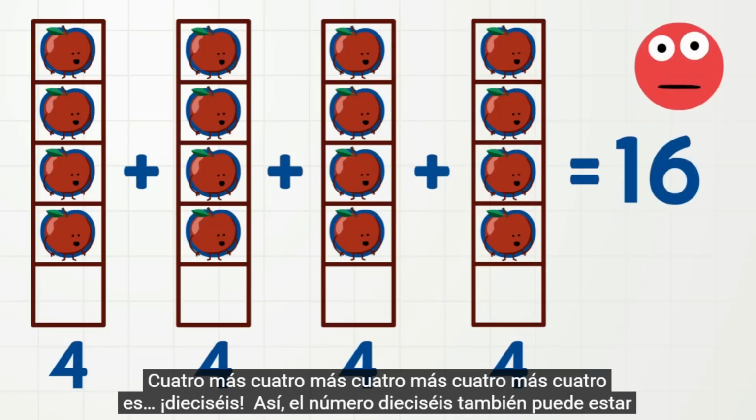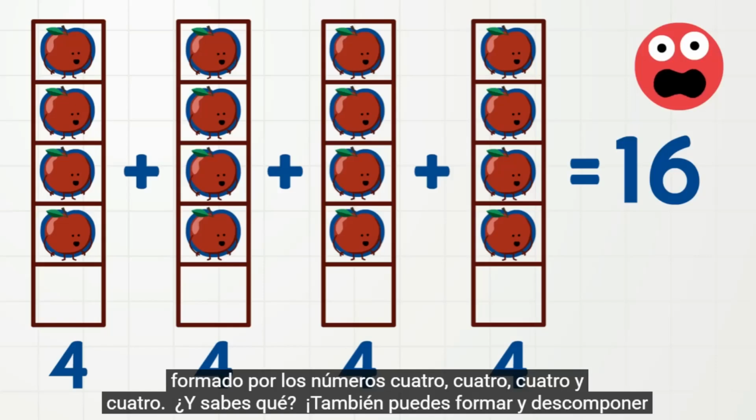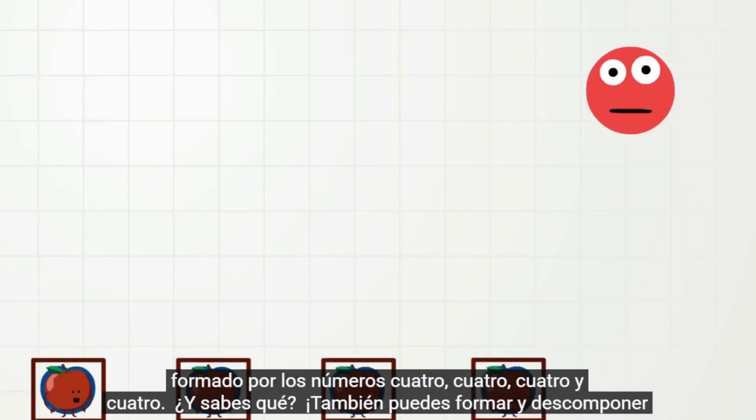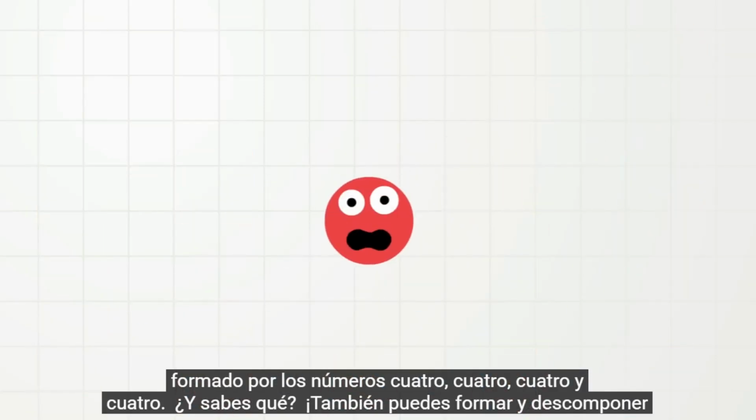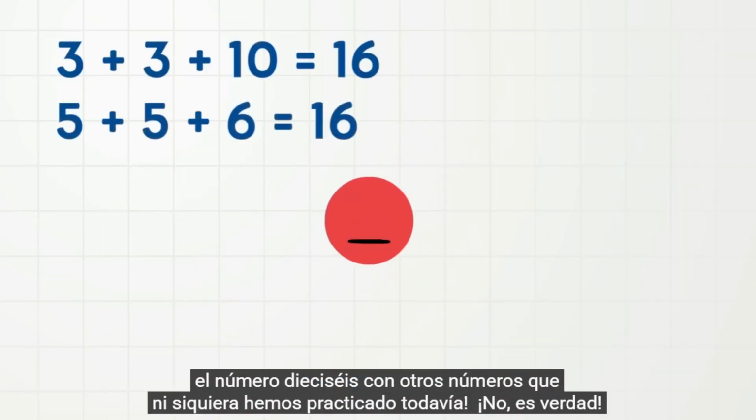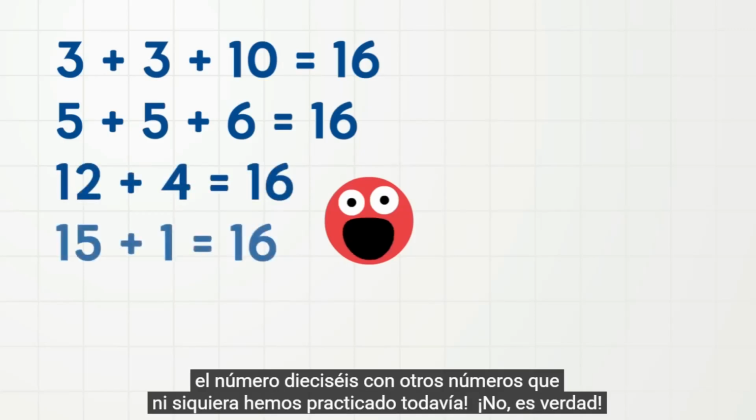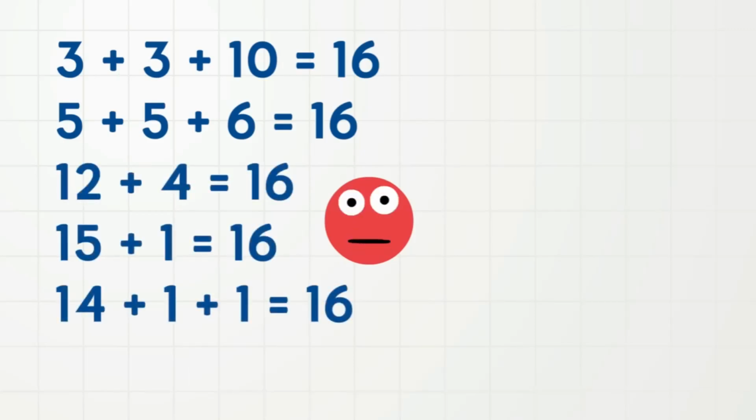So the number 16 can also be made up of the numbers 4, 4, 4, and 4. And guess what? You can also make up and take apart the number 16 with other numbers that we haven't even practiced yet. No, it's true.